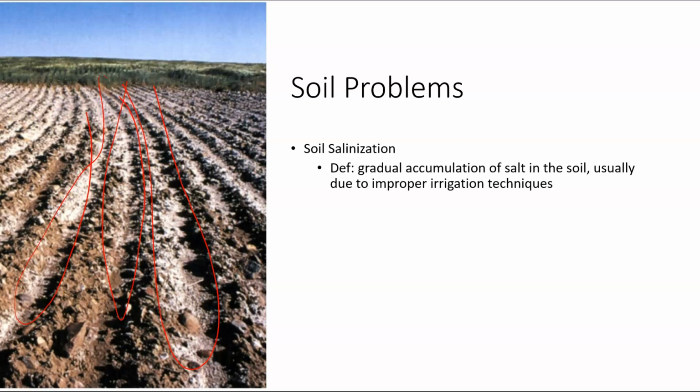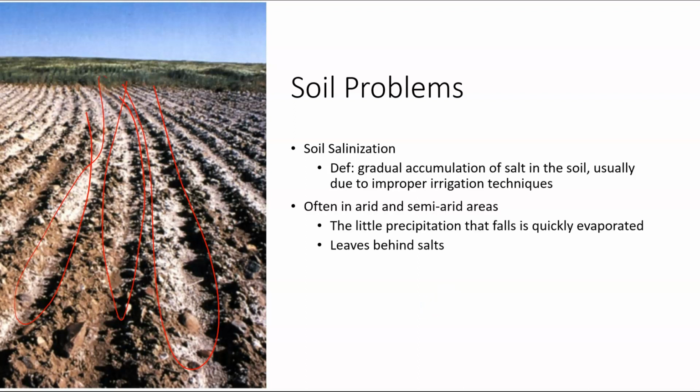So, for example, if you water an area that's really arid and that water evaporates, even though it's fresh water, it does contain trace amounts of salt in it. The water evaporates and the salt's left behind. If carried on over and over again with poor irrigation techniques, those salts build up in the soil until they become toxic, and plants can no longer grow there.